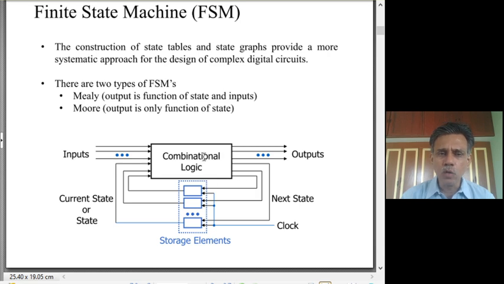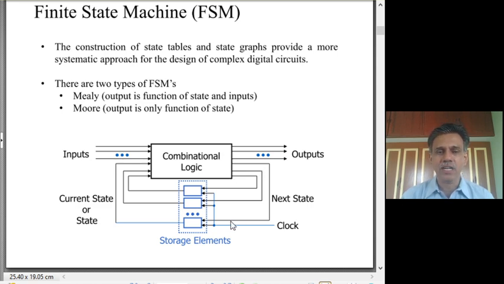So to this combinational circuit we can view the inputs, which affect the behavior, as the external input and the current state, and the output of the combinational circuit is the external output and the next state.